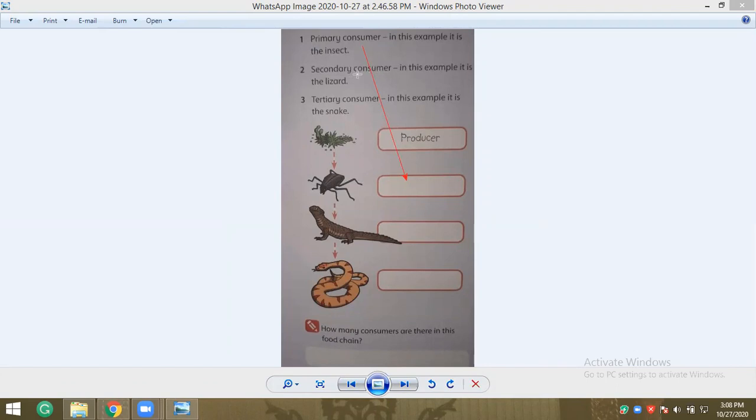Secondary consumer is the lizard. In this example, it is the lizard. And third is tertiary consumers. In this example, this is the snake. Got it? Understood, right? Teacher, 1 minute. Okay, take your time.